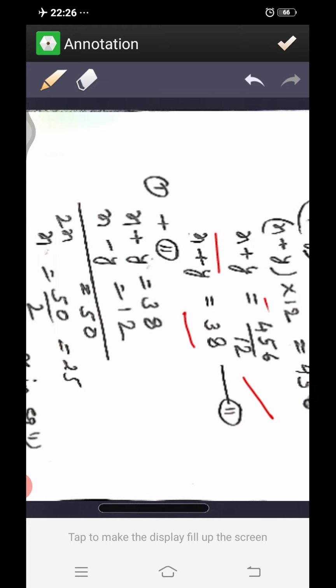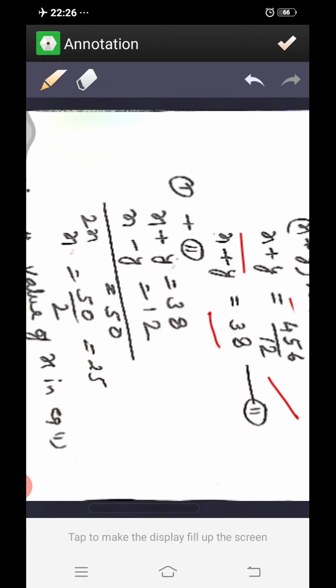Now we will solve the first and second equation. We can see y and y are the same. x plus y equal to 38, x minus y equal to 12. Now y is the same here and the signs are different, so we will add both the equations.